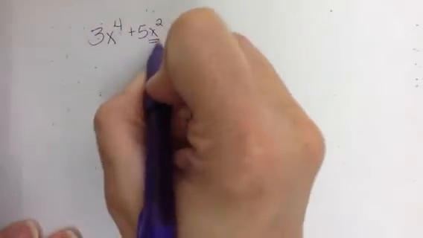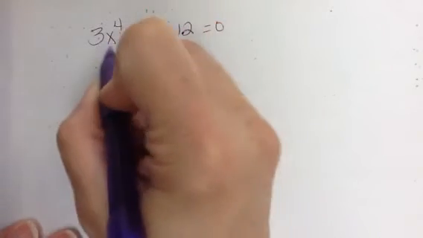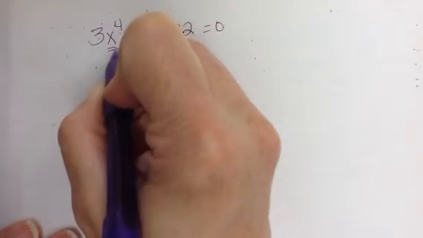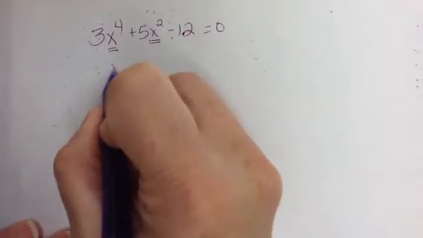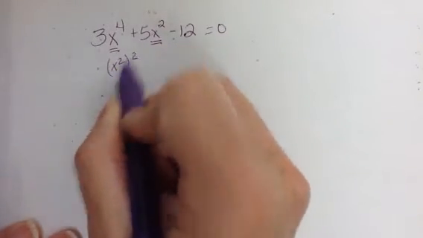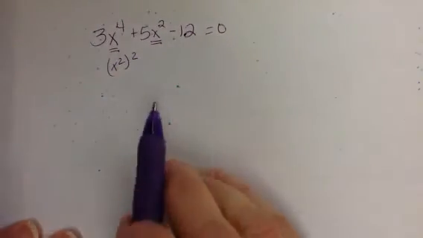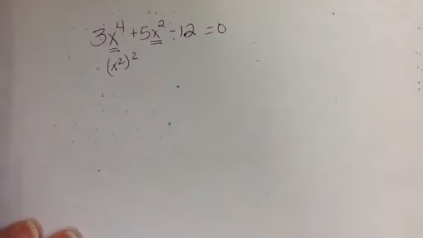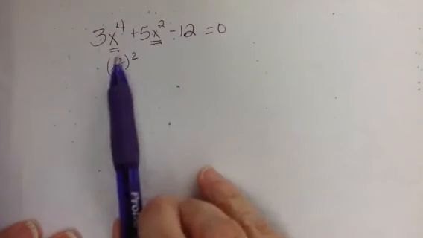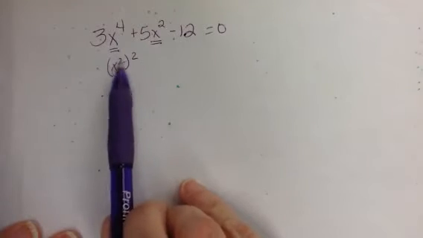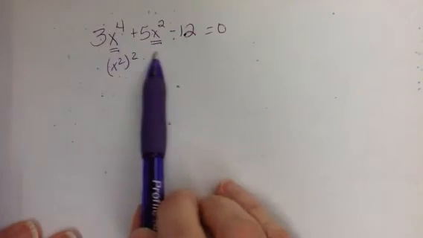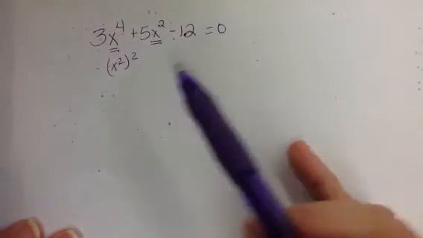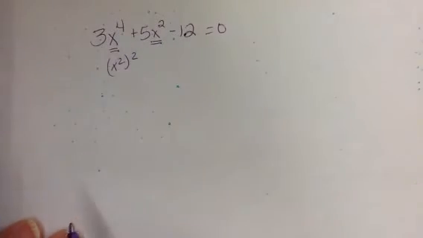The middle term is an x squared, and the first term is an x to the fourth, which is x squared squared. So this one is in quadratic form. It has an x squared, and then it has the same thing squared. So you could factor this if it would factor using those numbers.